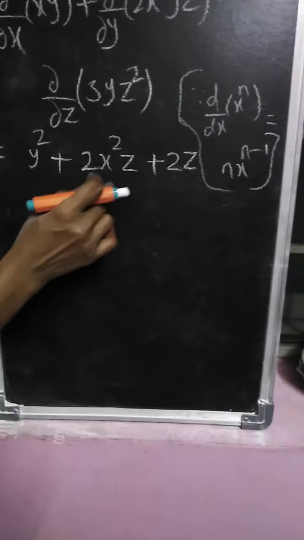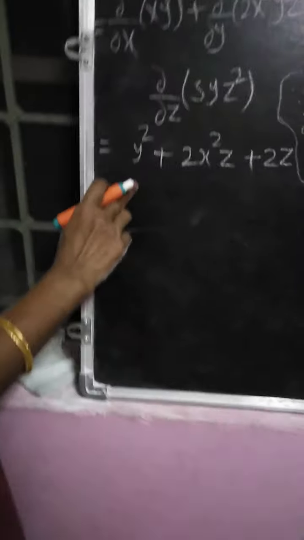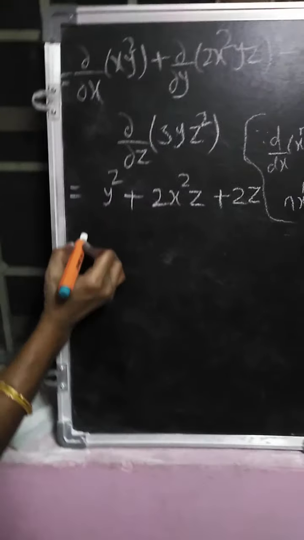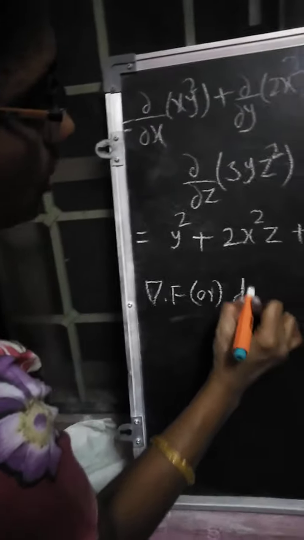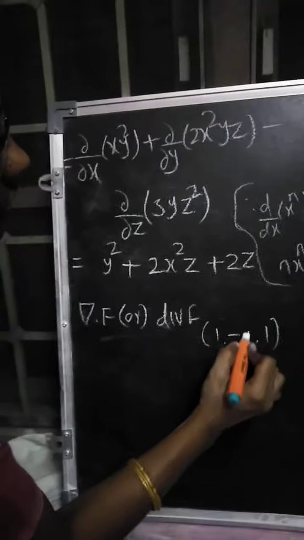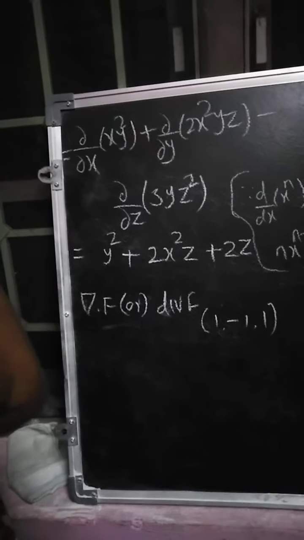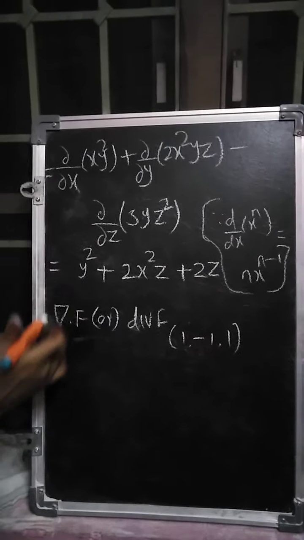So next, at what point do we find the value of del dot f, that is div f, at (1, -1, 1). So we can substitute x = 1, y = -1 and z = 1.